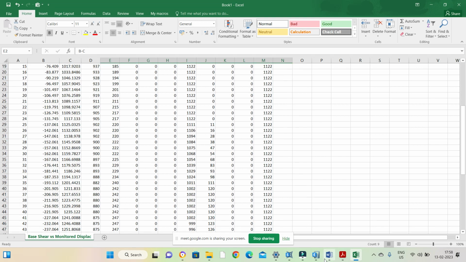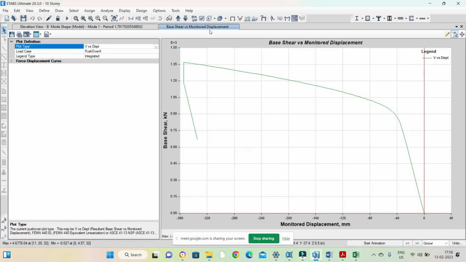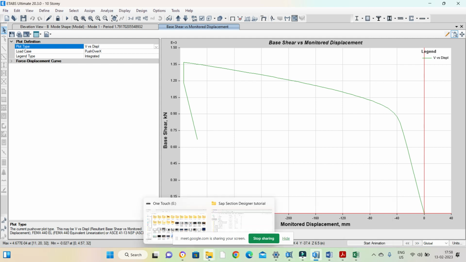Okay, so till then you can practice the pushover analysis in both the directions, and you can keep playing with the hinges, beam and column hinges, and go inside the hinge, see what the parameters are, and try to understand each and every parameter. Okay, so if you have any doubt, anyhow we are going to discuss again in detail in the next class. And ASCE 41-13, you just try to download this.